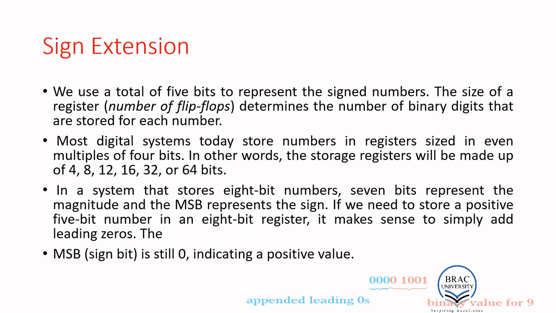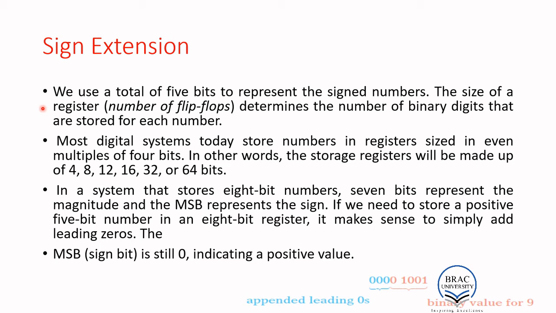Sign extension. This concept is very important. Just look here. We use a total of 5 bits to represent the signed numbers. If you look at the previous example, the size of a register, the number of flip-flops, determines the number of binary digits that are stored for each number. Most digital systems today store numbers in registers sized in even multiples of 4 bits.